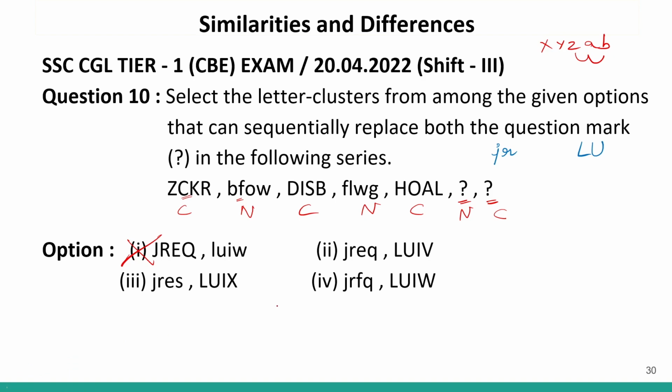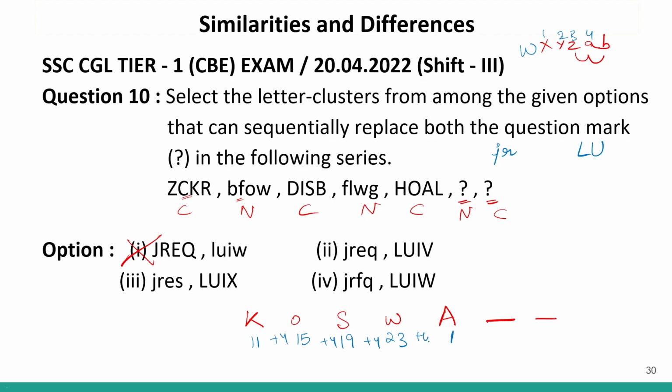So the third series is K, then small o, then S, then W, then A. And then two terms we have to find out. So K, if I look at the positions, K is 11, O is 15. Similarly, S is 19, this is 23 and this is 1. So plus 4, plus 4, plus 4, and here also 1, 2, 3, 4.